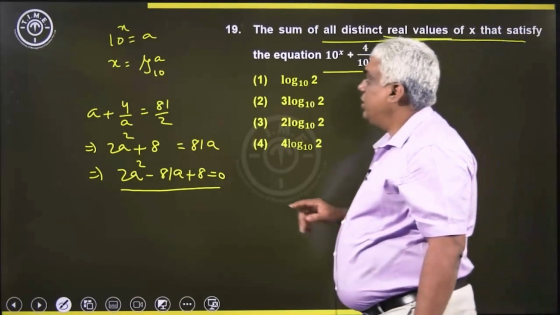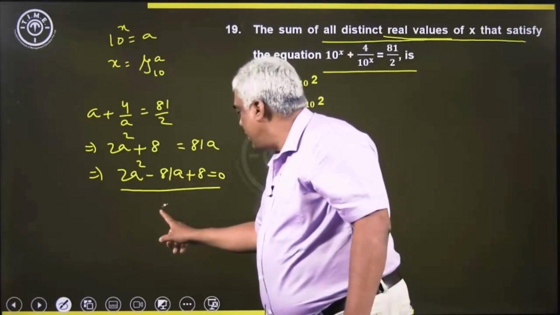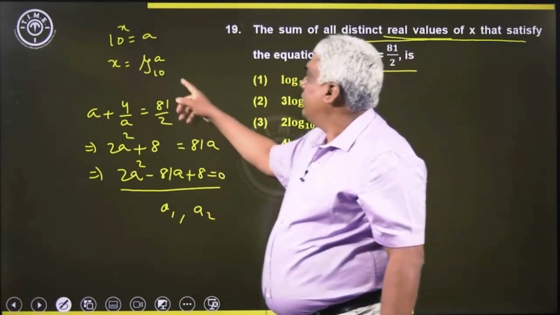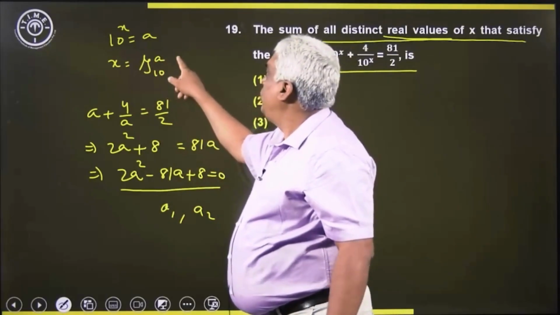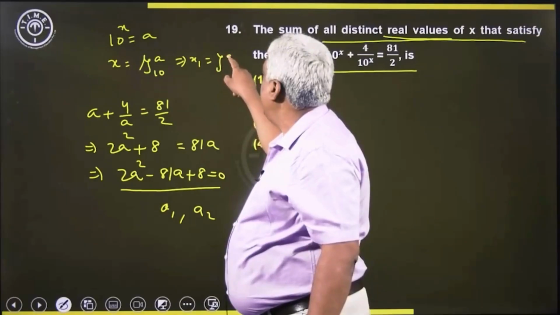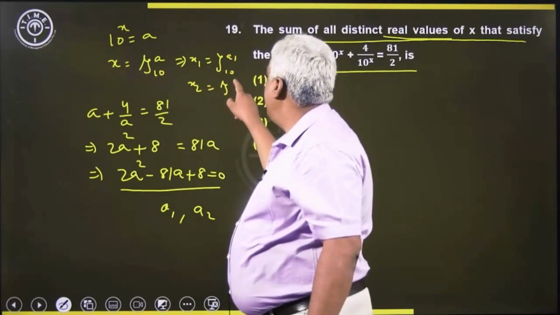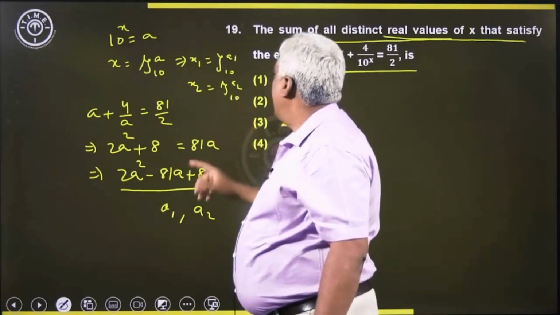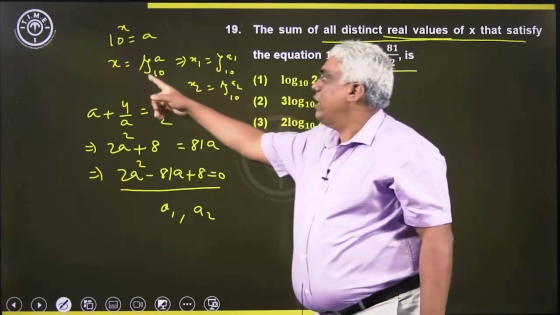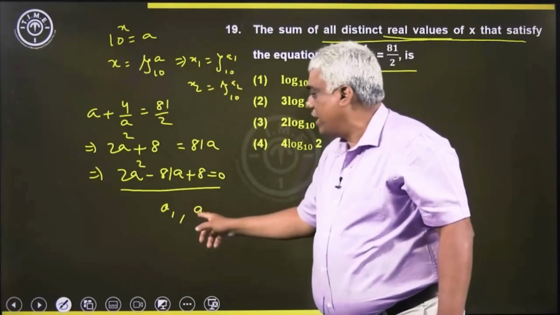So, the roots are a1 and a2, and replacing them we get two values of x: x1, which is log a1 to the base 10, and x2, which is log a2 to the base 10.